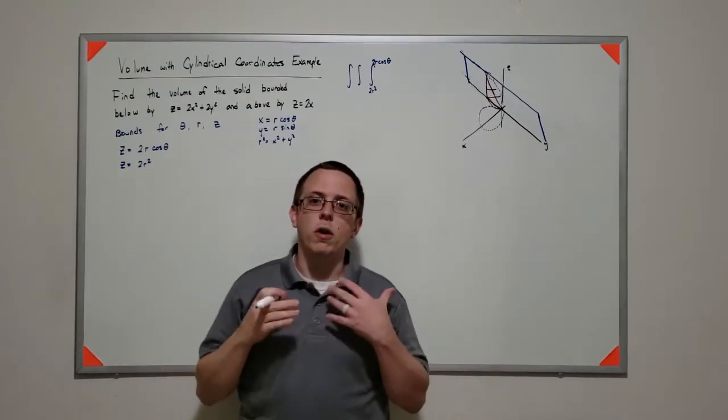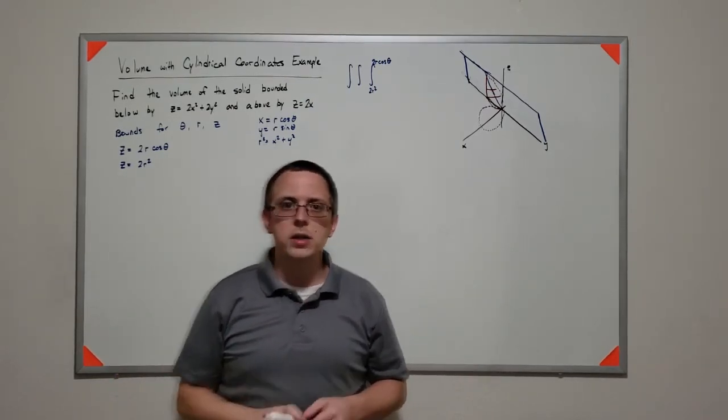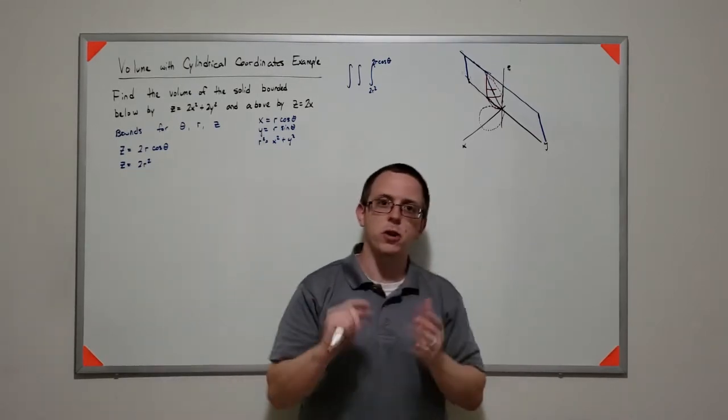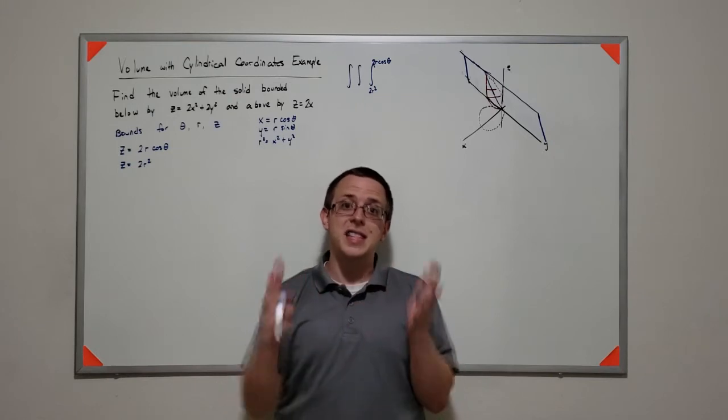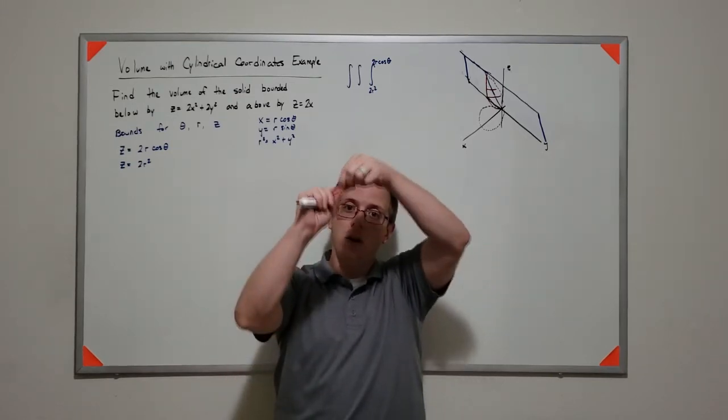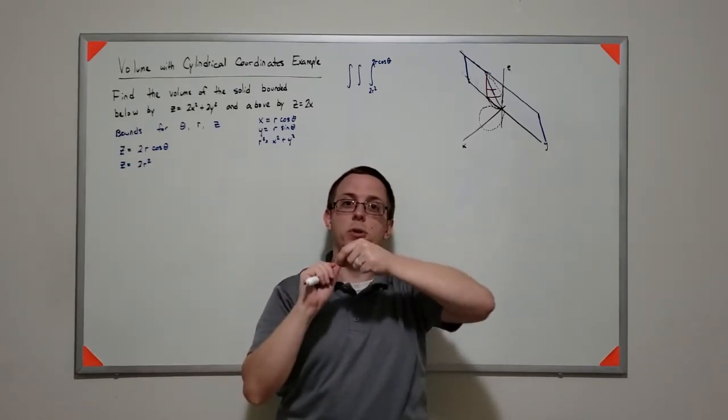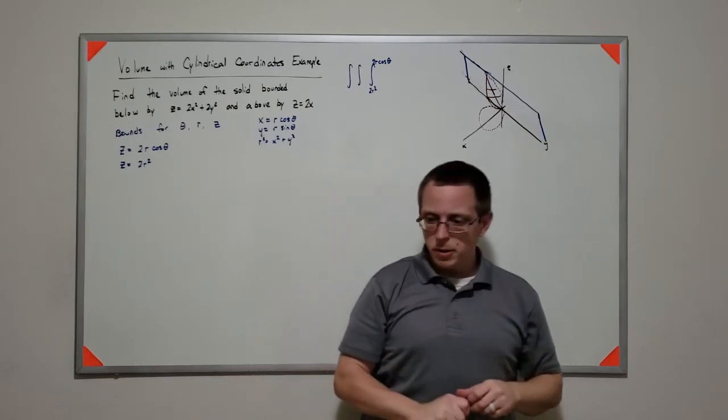Now we have to figure out what our r bounds are. As shown here, there's some sort of intersecting region, and in those intersecting regions, the z value is the same. If they're on top of each other, we know that their z values are the same.